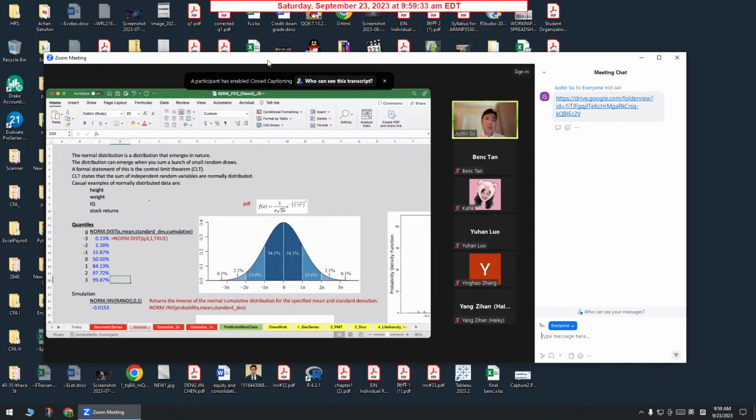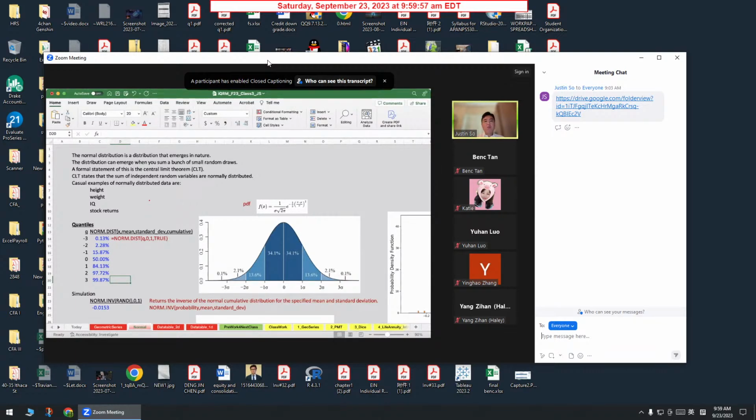This normal distribution can emerge when you sum a bunch of small random draws. This is actually called the central limit theorem. If you create samples by random draw, it's called random sampling.